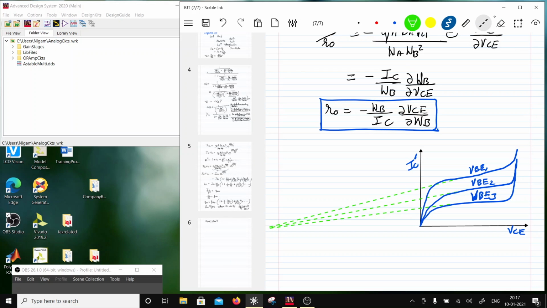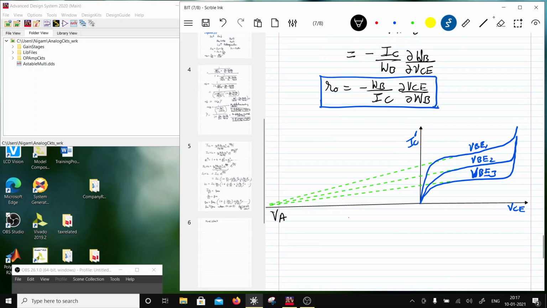And I can also do this, so they meet somewhere over here, correct? And we call this VA. So this is the early voltage, right?